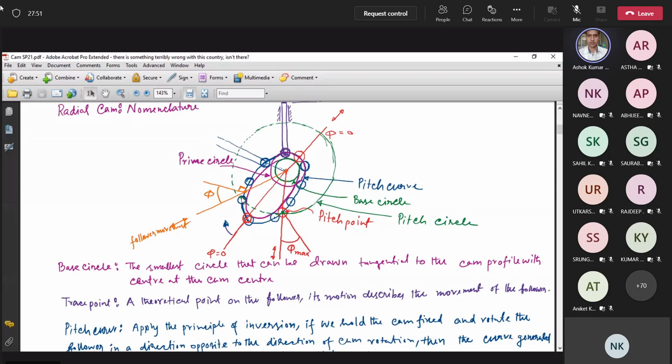This way you can draw all the follower positions in inverted motion and then draw the locus of the trace point. For this case, the trace point is the center of this roller. So you join the centers of the rollers at different positions, and you will get a curve like this. This curve is called the pitch curve. Is it clear to you?